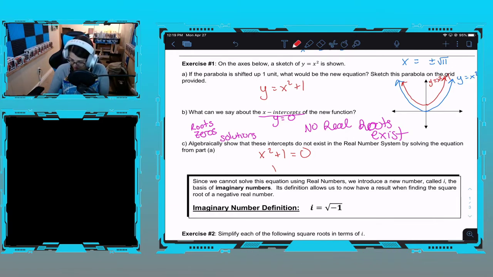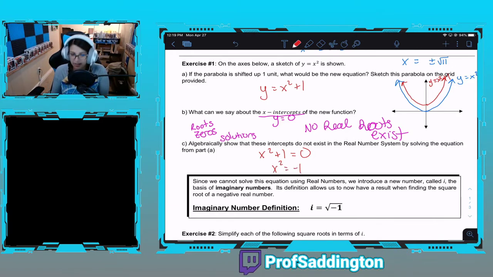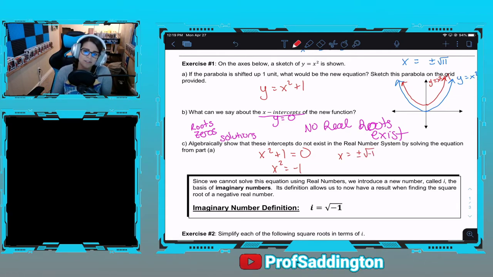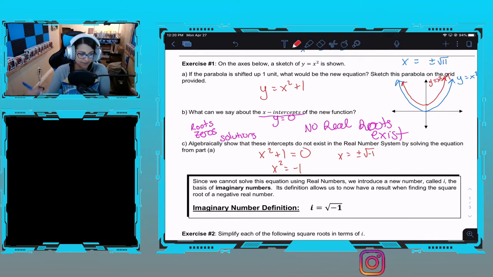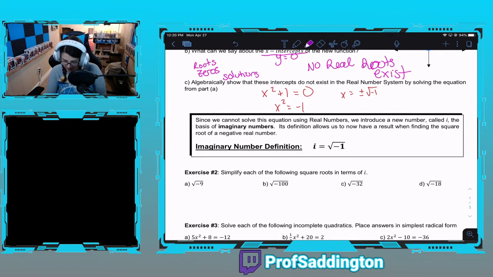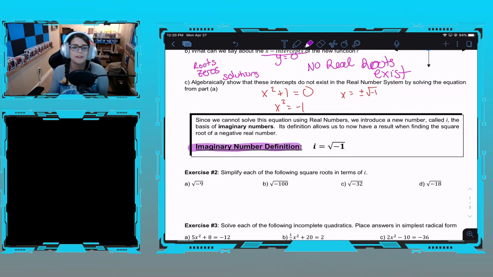I'm going to subtract 1, and then I'm going to square root it. So plus or minus radical negative 1. You're like, you can't take the square root of a negative yet. As of right now, it does not exist. Hence this new thing called an imaginary number.